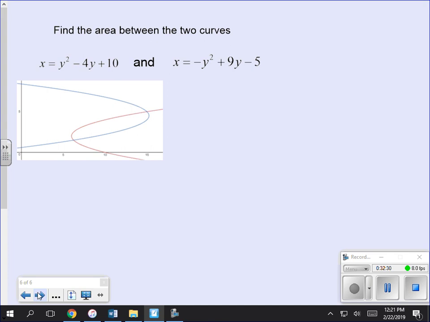If they specify you must use a particular method, solve using the fundamental theorem of calculus, solve using integrals or something like that, you must use what they tell you. If they don't tell you, you can do any good math that works. And they will give you full credit, even if the answer doesn't match theirs. But you get the correct answer and you use good math, didn't get lucky, so to speak, because that does happen, they'll give you full credit. Okay.